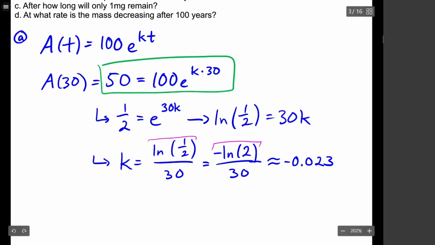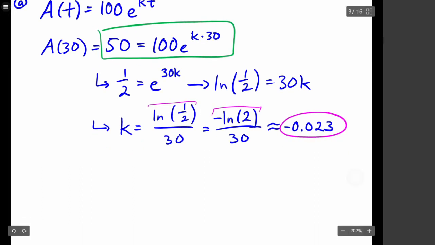This k value is negative. So when k is less than 0, this is the case of exponential decay. In this particular example, it's what we would refer to as radioactive decay because of the application. But mathematically, this is what we call exponential decay, when the k value is negative.